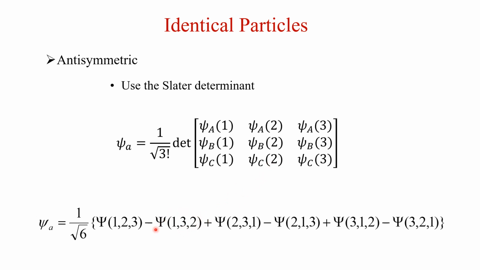So this one minus. So in that way you will get plus and minus. I have explained the meaning of psi 1, 2, 3 and psi 1, 3, 2. So for a three particle system, you can write the wave function in terms of the Slater determinant. That is one important thing.